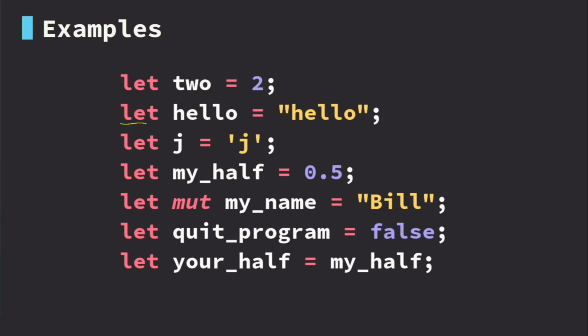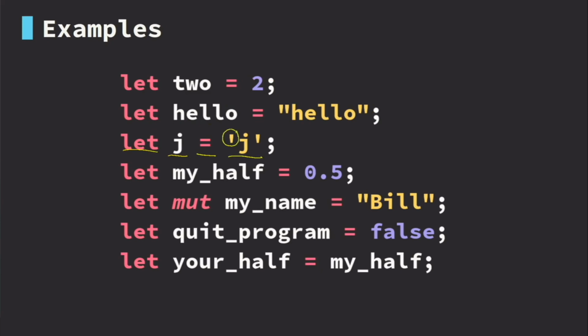Next, we have let some variable named hello be assigned the string hello. So if you recall, strings use double quotes. So this data is a word, and it is going into the hello variable. Let some variable named j be assigned the character j.